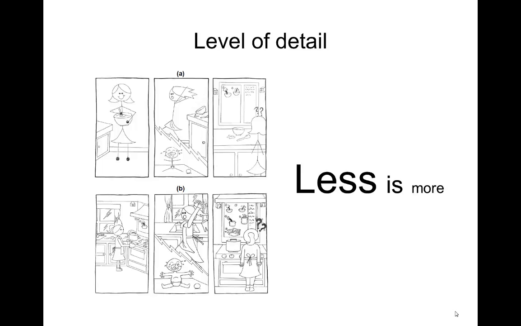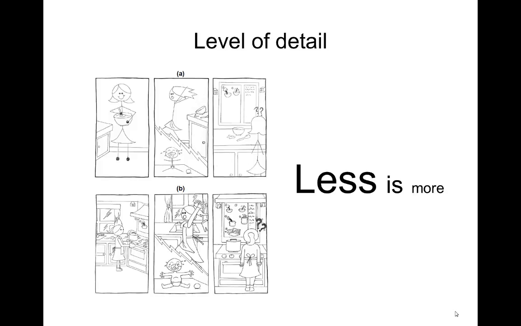Basically, their study identified that generally less is better than more in diagrams, so the level of detail. Here are two storyboards for exactly the same event scenario. One includes a lot more detail, windows, things on the cooker, etc. Another one is much more minimalistic, very stick man, stick woman in this case, and stick baby.